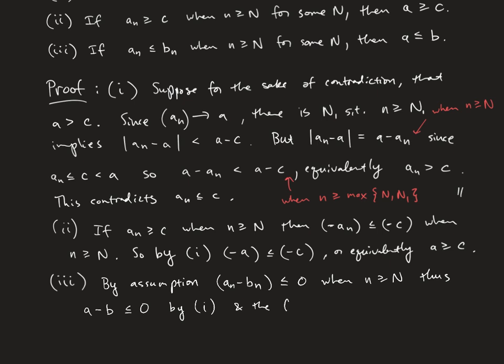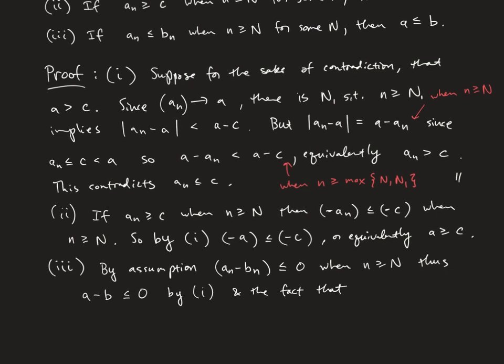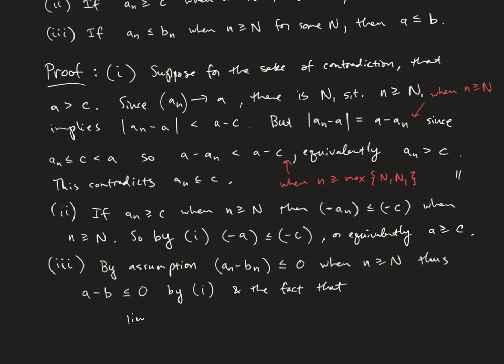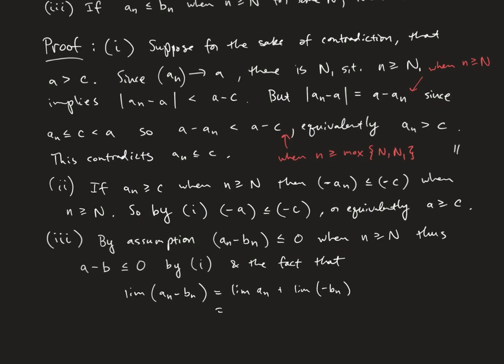Just to be pedantic about this, the limit of a_n minus b_n, from the algebraic limit theorem, is the limit of a_n plus the limit of negative b_n, but then I can pull out that minus sign.